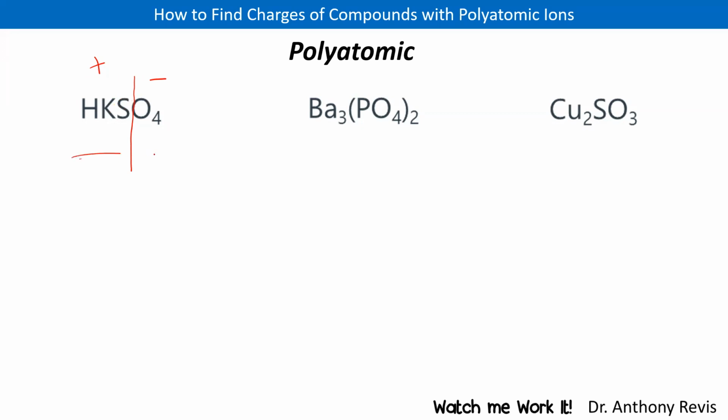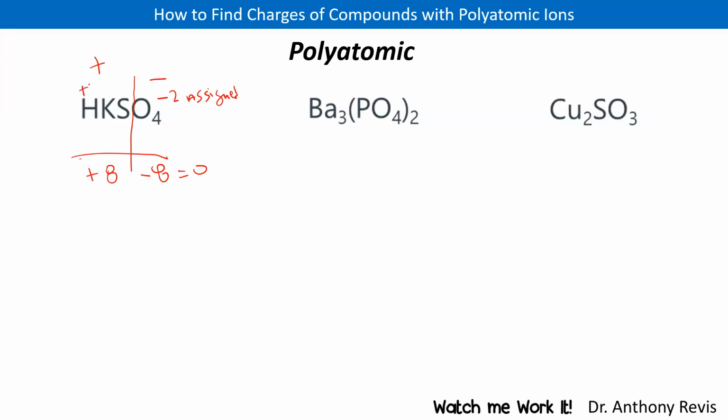So we go through the process now of doing simple math. We know oxygen is assigned. This is assigned, memorized, a -2. So 4 times -2 gives us -8. We want this to be 0, so it could be neutral. So this must be a +8. And here's where you have to look at the other assignments.